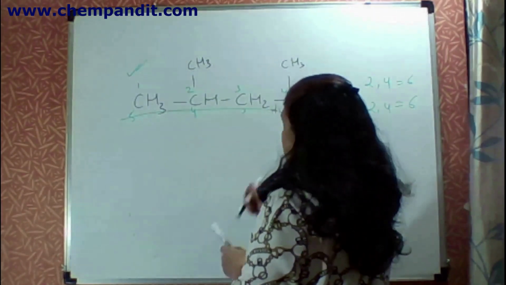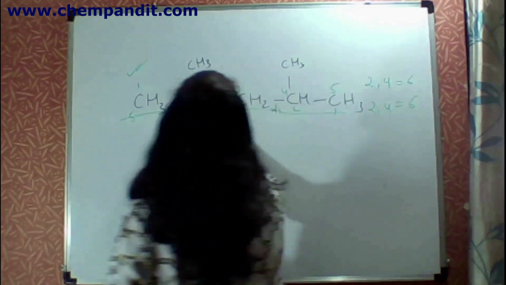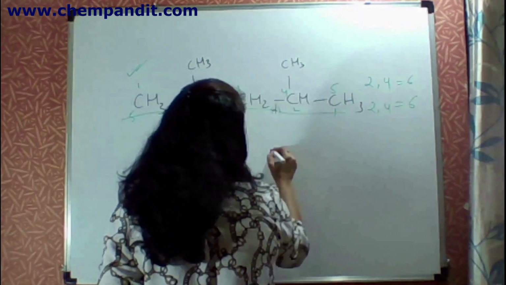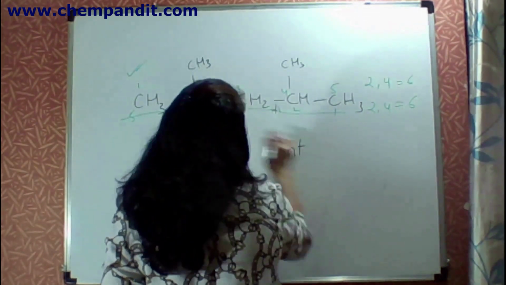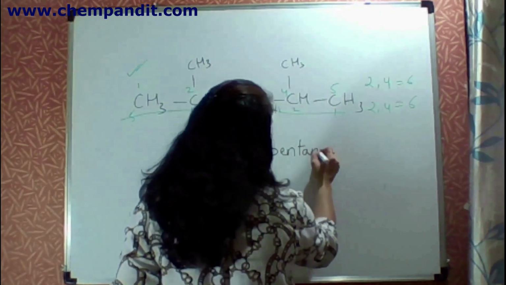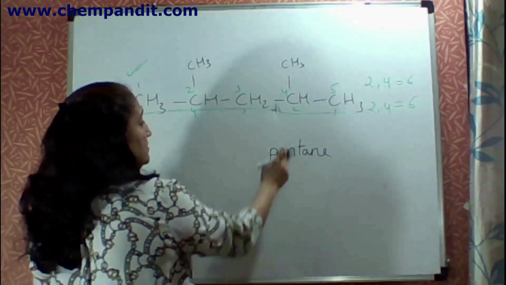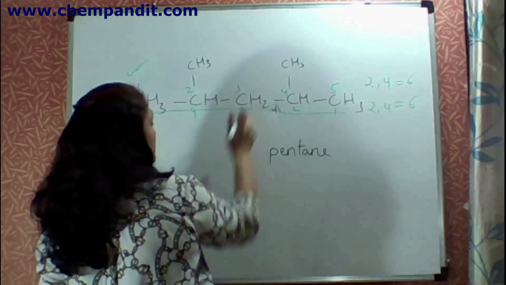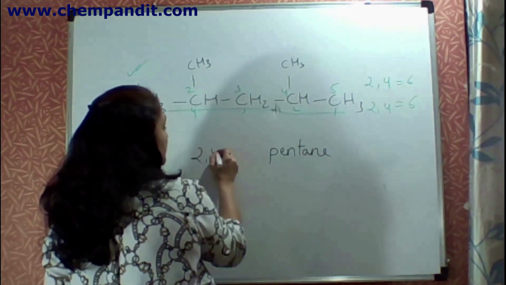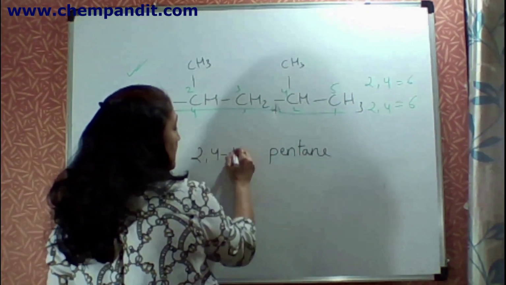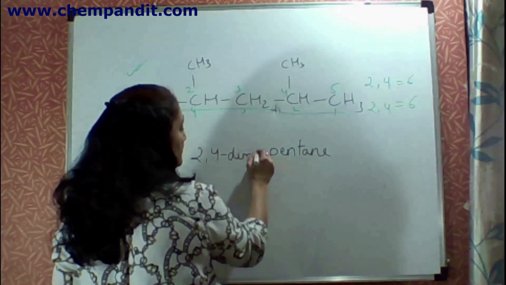So now let's write down the name. The word root is 5. All single bonds, pentane. 2, 4 dash dimethyl. Right?